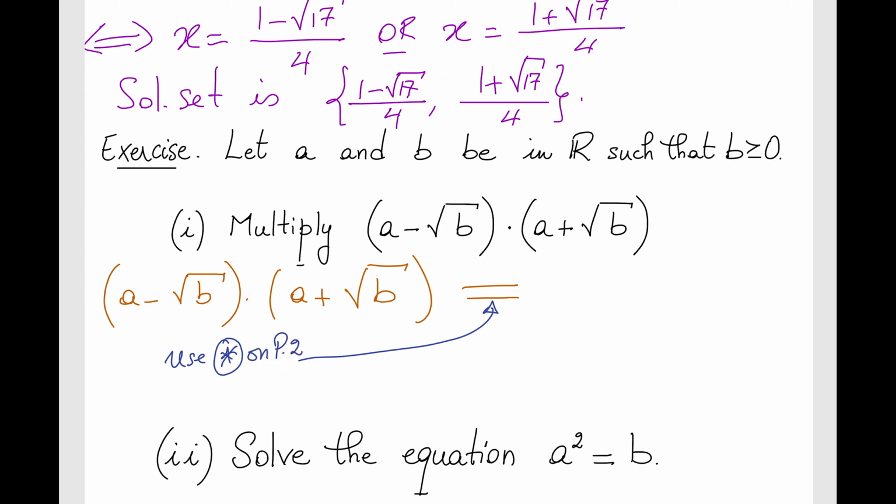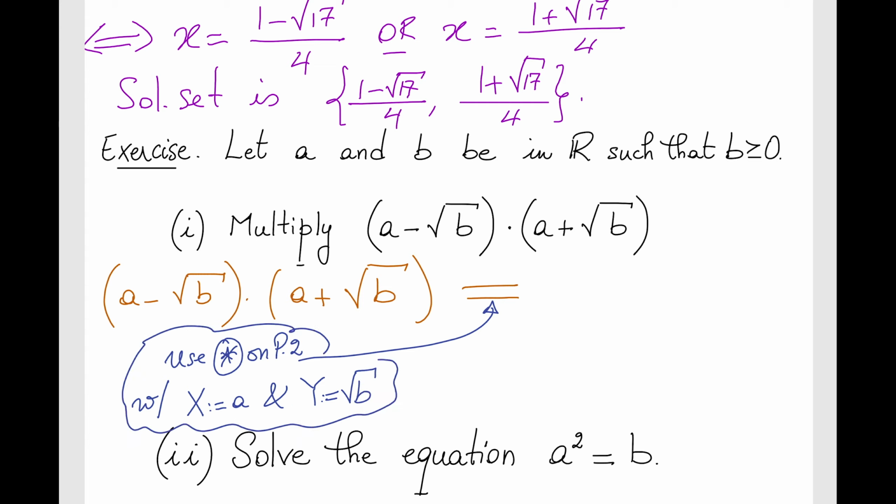Just go to page 2 with x over there being our current a and y over there being our square root of b, right? That's what I'm gonna be using. All right, and if we do so, we get what?